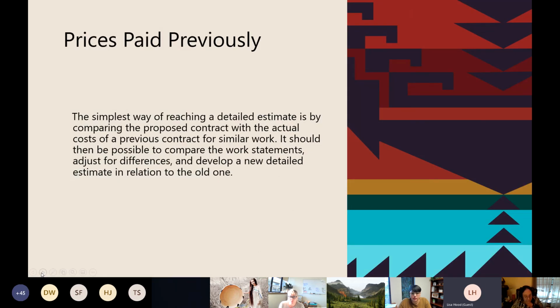Prices paid previously. That's the simplest way of reaching a detailed estimate: comparing the proposed contract with the actual cost of a previous contract for similar work, as long as it's not too old. It should then be possible to compare the work statements, adjust for differences, and develop a new detailed estimate in relation to that old one.